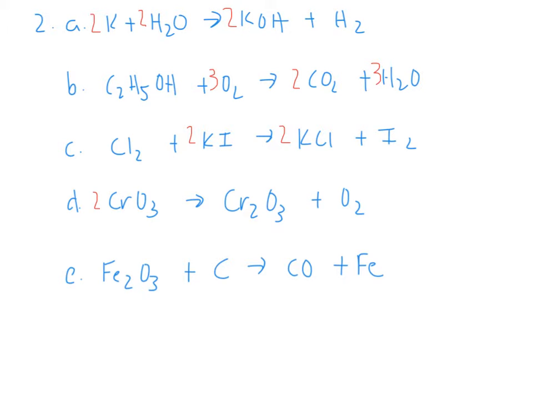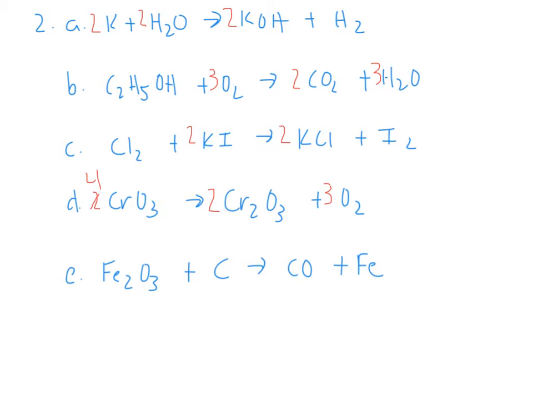Not exactly. If I put a 2 in front of the O2, that gets me to 7, but that leaves me with an odd number. So I'm going to put a 2 here instead, and then bump this up to 4 and see where I'm at. I've got 4 chromium on each side, and now I've got 12 oxygen, 6 oxygen here, so a 3 here would give me 12 on each side.